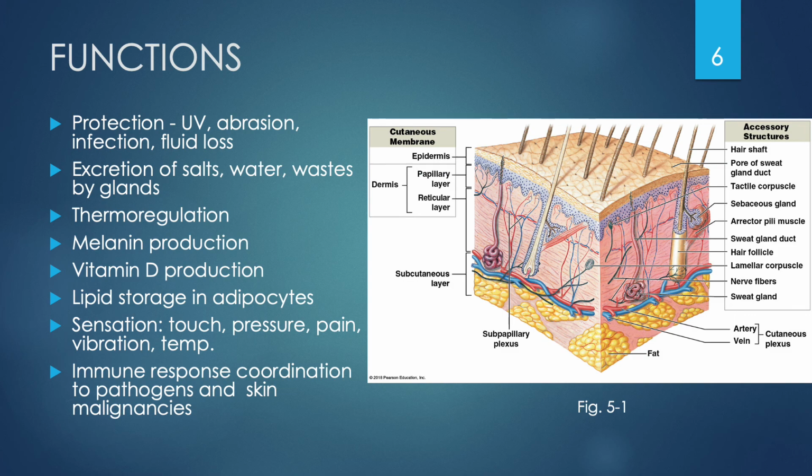There's also lipid storage in the adipocytes and the subcutaneous tissue, and sensation. We can sense touch and pressure, pain, and vibration, and temperature, all through these different sensory nerve endings that are embedded throughout our skin, throughout our body. And then lastly, the immune response is coordinated via the skin to respond to a lot of different types of pathogens and also skin malignancies.